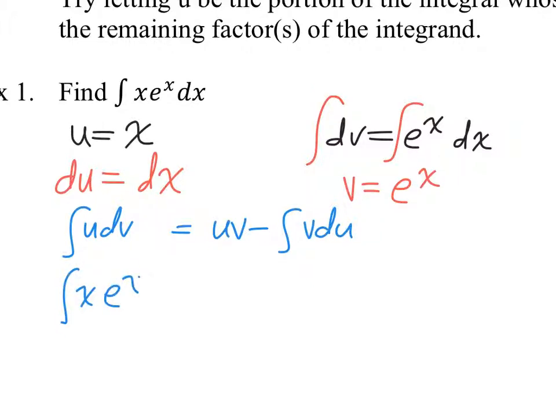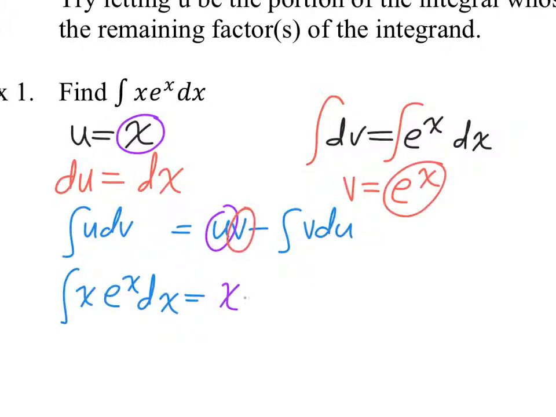x e to the x dx is equal to my u, which is now x, my v, which we just determined is e to the x, minus the integral of v, which is e to the x, du, which is dx.